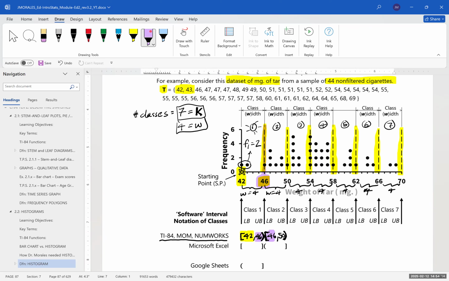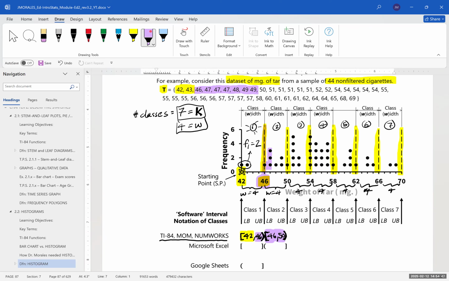Now, this says that the second class is going to include 46 and every datum up to 50, but excluding 50. So if we come up here to our list, we're going to include 46 and every datum up to, but excluding 50, which is going to be right there. So we're going to include 46.